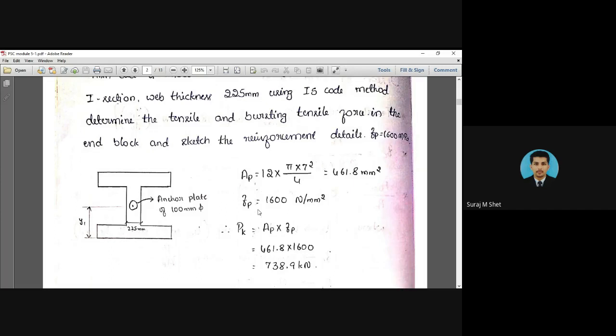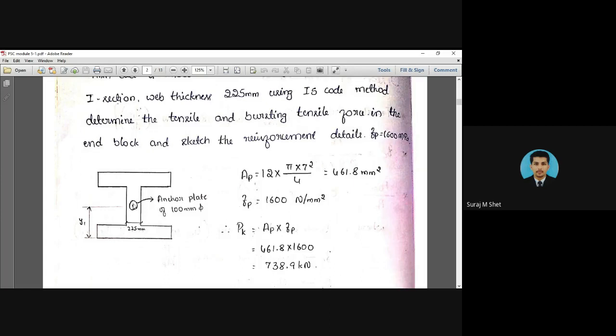Then the Fp value is given. Fp is the stress. The stress is given as 1600 Newton per mm square. So you already know the area of the plate, and you already know the stress acting on the plate. Then you can easily calculate the force acting on the plate. Force is equal to area into stress.